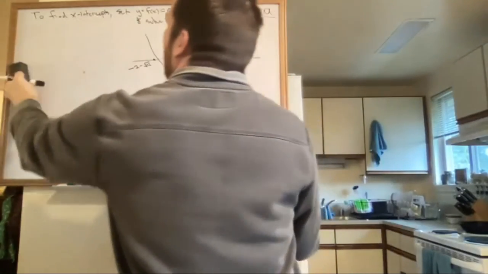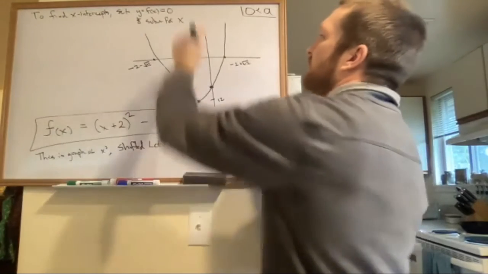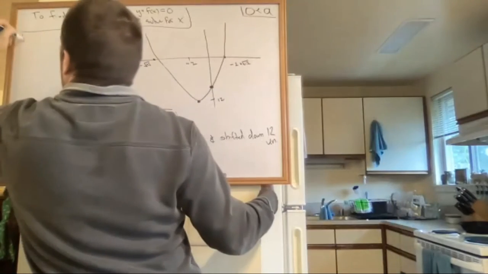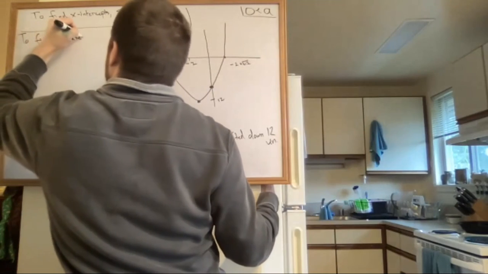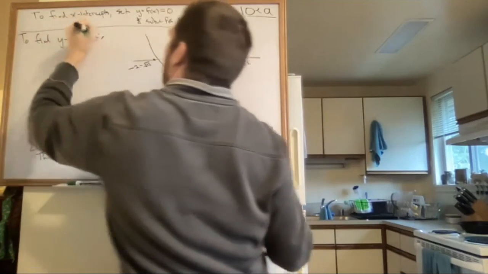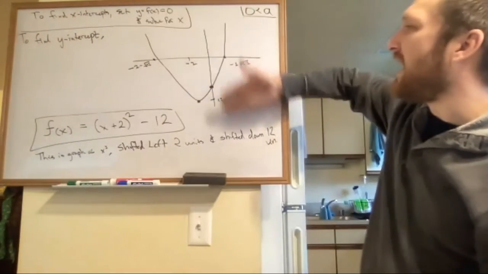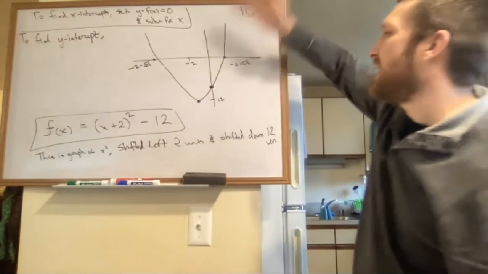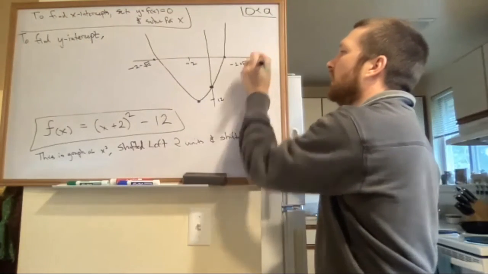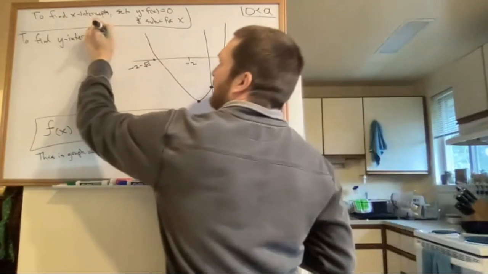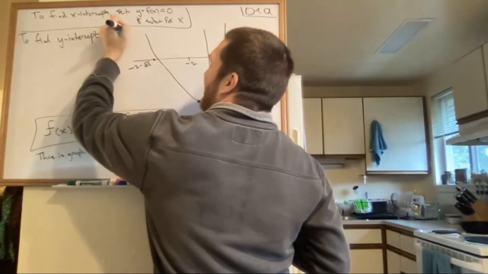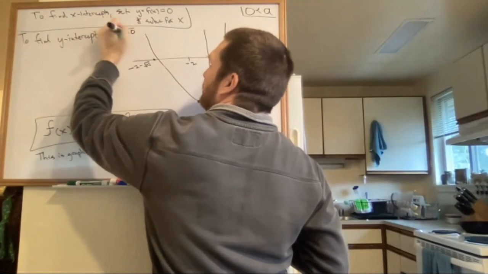So we just said to find x-intercepts, you set y equal to 0 and solve for x. To find a y-intercept, if I'm on the y-axis, what is my x value? 0. Set x equal to 0.